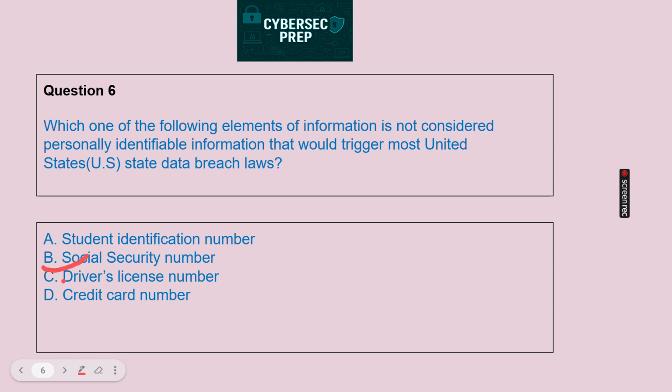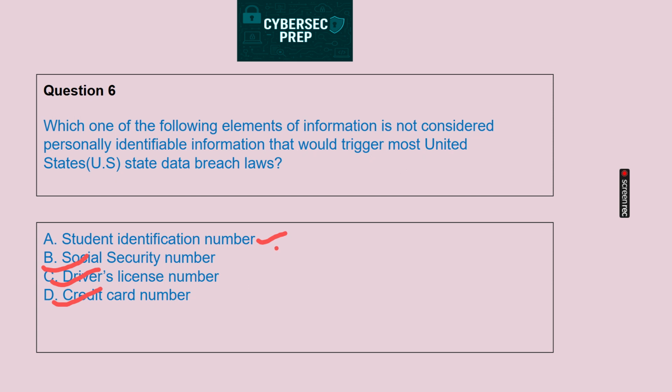It's a unique number assigned to all the residents of the United States. Driving license number is also PII information, and credit card number is obviously. So the remaining option which we are left with is option number A, student identification number. This is the right answer for this question.